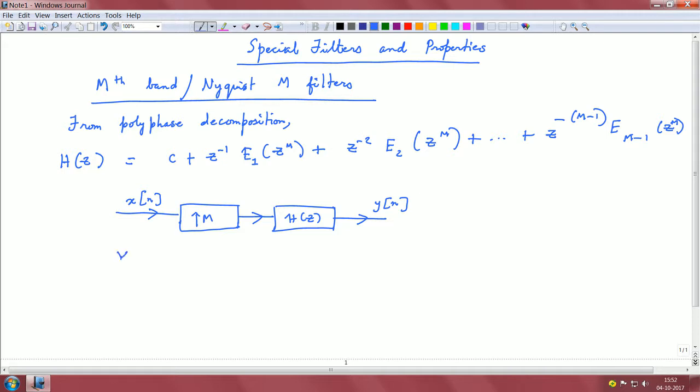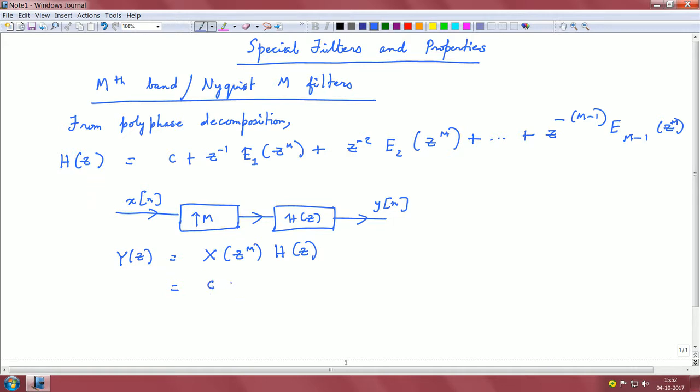So, my y of z is basically x of z power M times h of z, and I could now interpret this using this filter h of z.